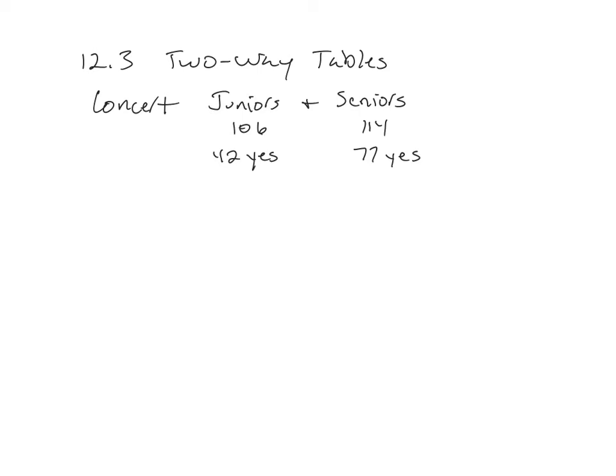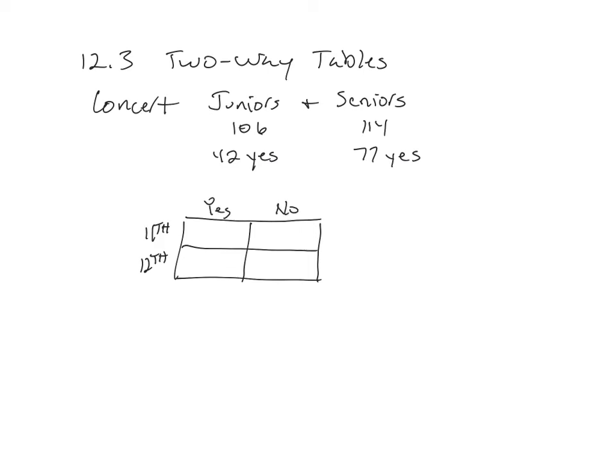So to make a table, it's just organizing the information. I'll put 11th for junior and 12th for senior, and this is yes, they're going to go, and this is no, they're not going to go.